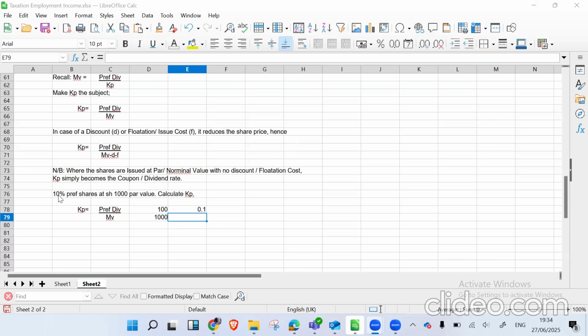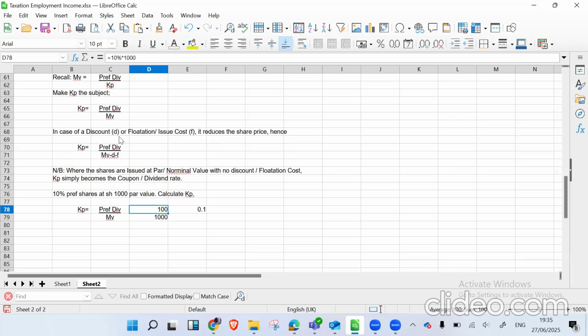As you can see from this illustration, the company issued 10% preference shares at shillings 1,000 par value. So the market value of the shares was 1,000. They were issued at 1,000. So meaning ziliuzwa na 1,000 shillings. So the preference dividends, 10% of 1,000 divided by the market value of 1,000.